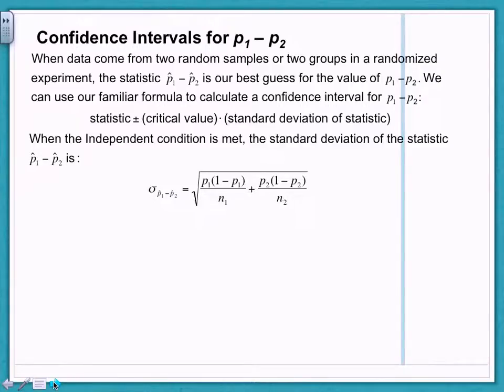So the statistic plus or minus your margin of error, so that's your critical value times your standard error. When the independence condition is met, the standard deviation is going to be this formula, which we saw in the last video.